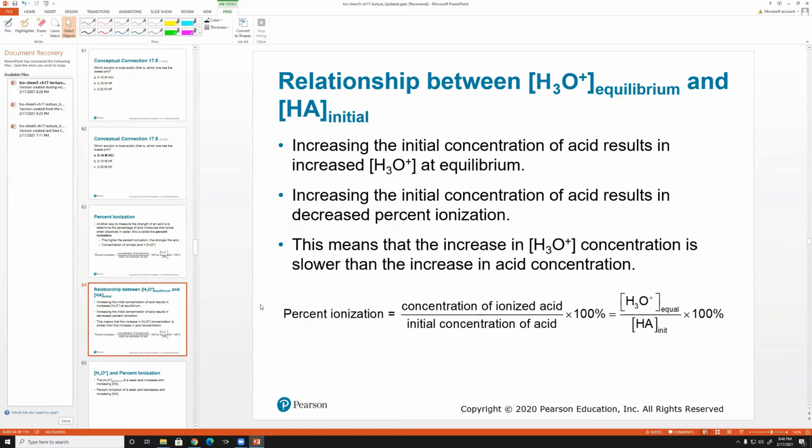If you have a ton of reactants and it's very stable to be in the reactant state, the higher the concentration of that reactant, the more stable the solution is going to be overall. And there really isn't going to be any molecules that turn over to product. So the more concentration of the acid you have, the lower the percent ionization for a weak acid.